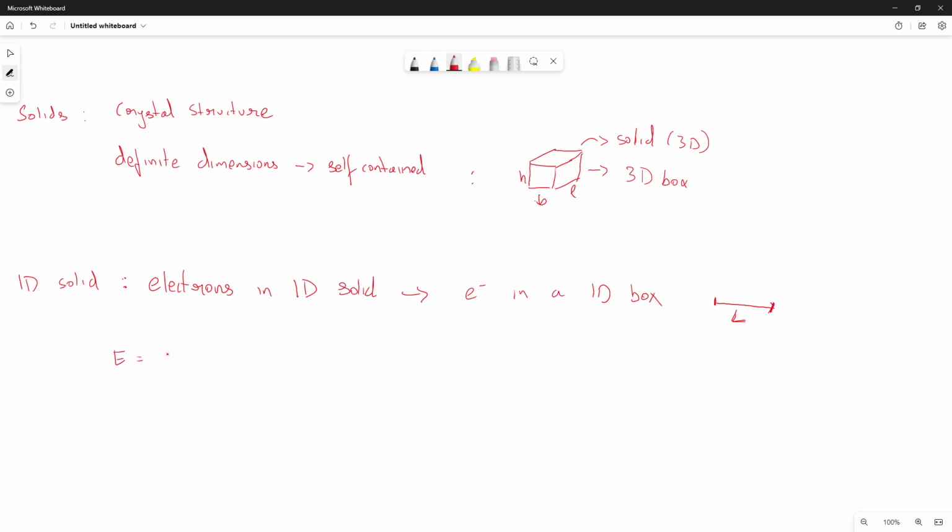Yes, energy states. Is this correct? Right, sir.